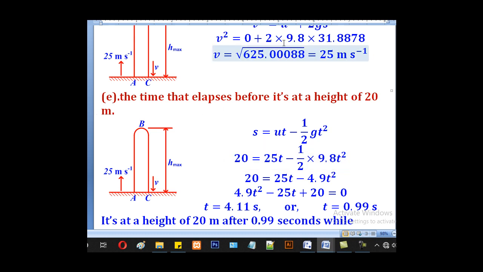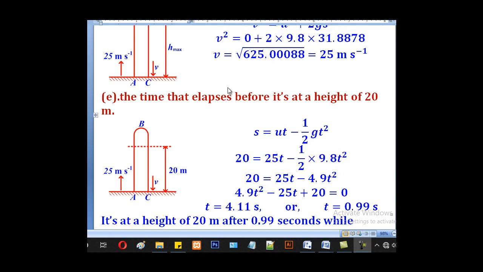Then part E, the time that elapses before it's at a height of 20 meters. In this case, they want the time taken to move from A up to this point where the height is 20. Then also the time taken to move from A through B up to here. So there are two times which they want.